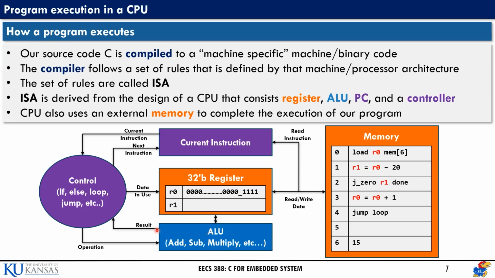Then it sends back the result from the ALU to the control, and the control passes the data to that register. And if we have to write the data from register to memory, it also does that. As you can see here, we have the read or write data. And after that, we go again to the next instructions and repeat these stages over and over until we finish all of the instructions.